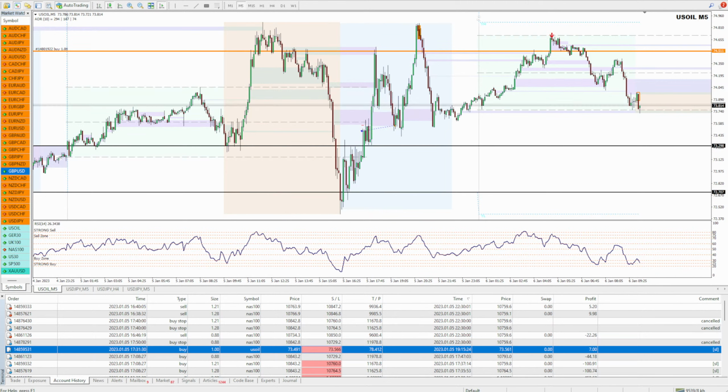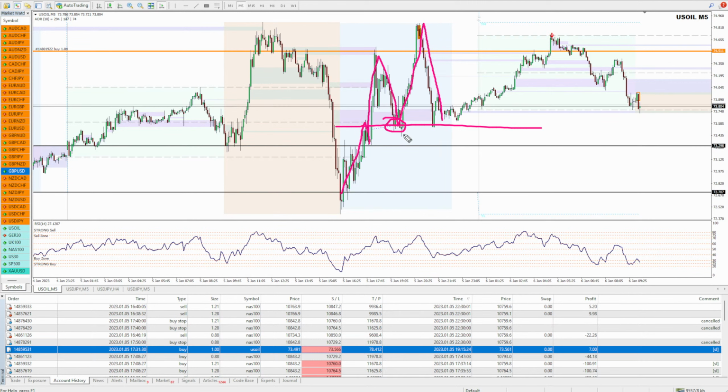So this is what stops do. And this is partly why I removed the break-even stop from the opening range breakout EA. This is a prime example of what happens when you use a break-even stop. Market structure: push, pull, push, pull, push, pull. If you move to break even, you will get broken even.